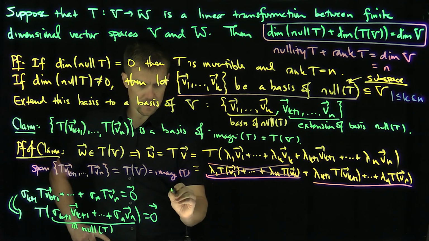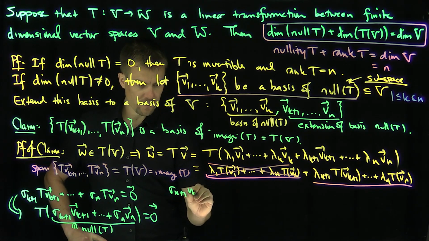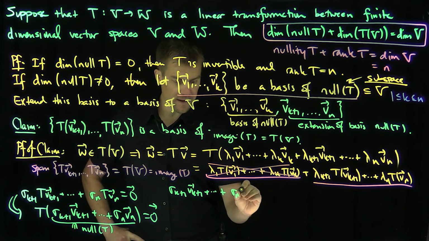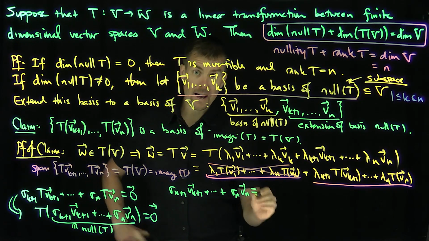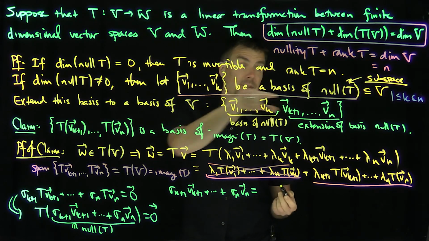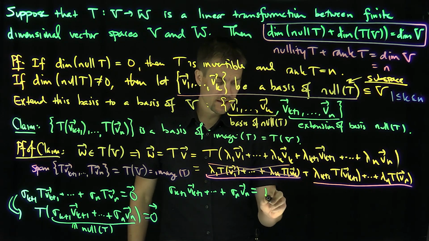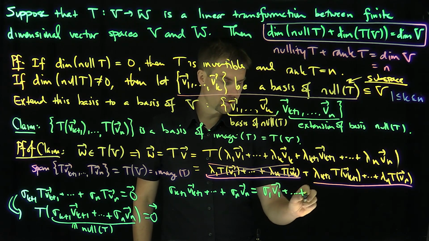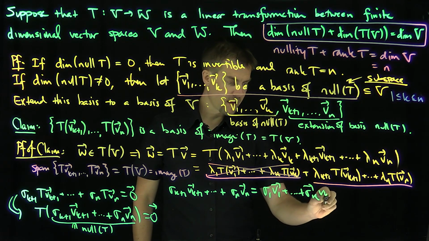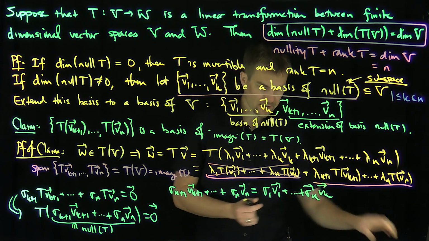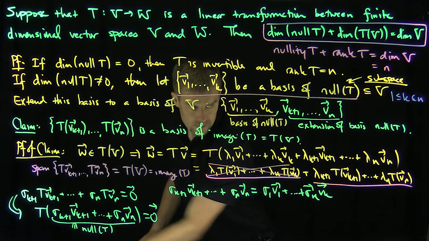So that tells me that sigma_{k+1} v_{k+1} plus all the way down to sigma_n v_n is a combination of the elements of the basis of the null space. So this can be written as sigma_1 v_1 plus all the way down to sigma_k v_k for some coefficients sigma_1 through sigma_k, right? Sigma_k is not a vector, obviously, so let's eliminate that vector symbol over there.